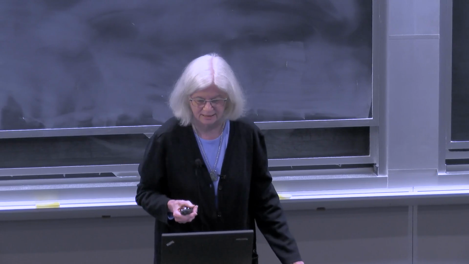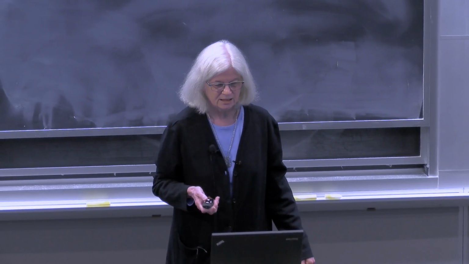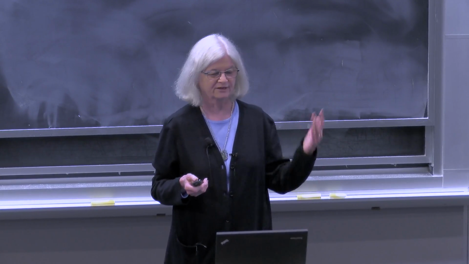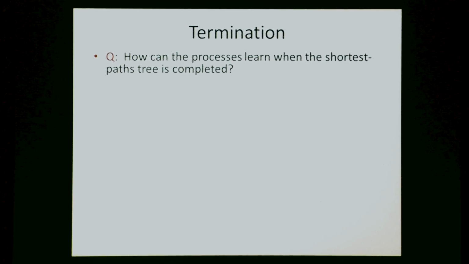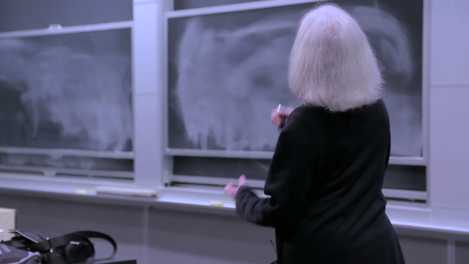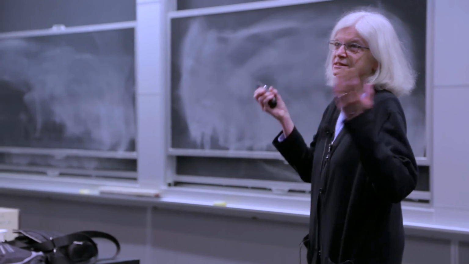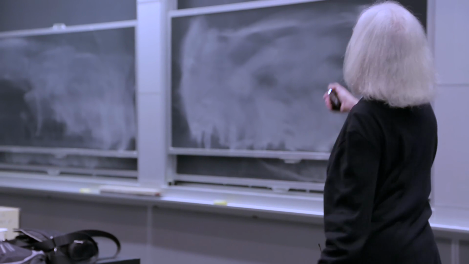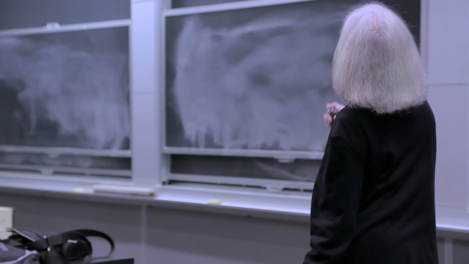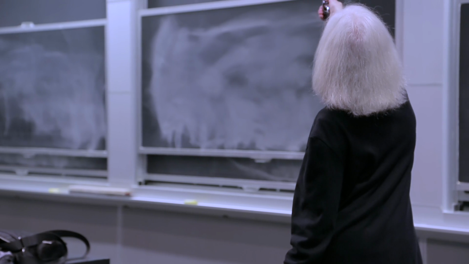So here's an example of the kind of thing that can happen. Let's say you start out, you have these huge weights, and then you have a long path with small weights. So I0 starts out and sends its distance information on its 3 nodes, to its 3 neighbors.